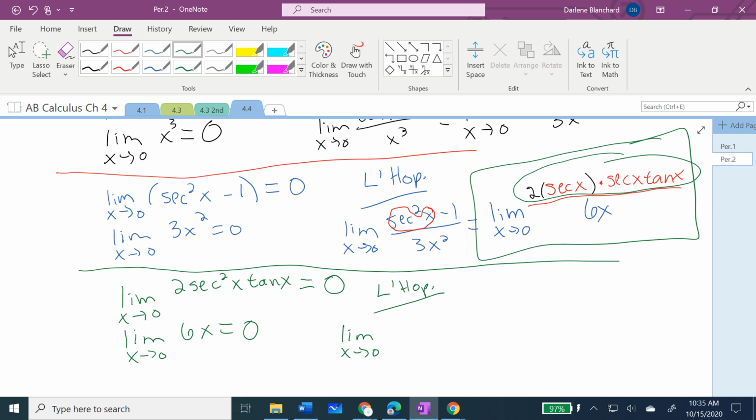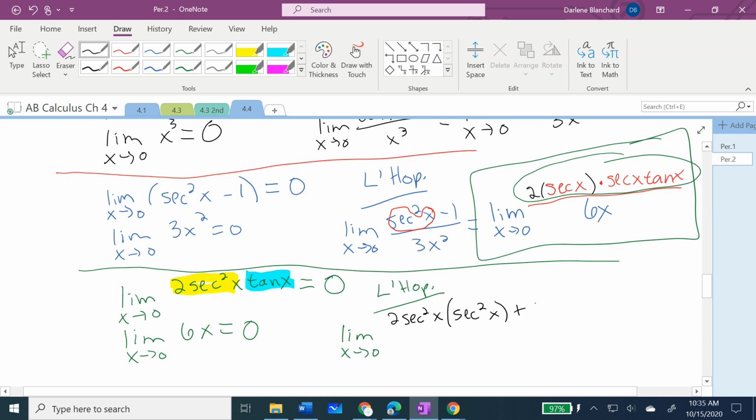So I need to take the derivative of secant squared again, but when I'm in the middle of a product rule. So here we go. I'm going to say this is one of my 2 functions multiplying. This is my other one. So I'm going to keep the first one, multiply by the derivative of the other, and derivative of tangent x is secant squared.